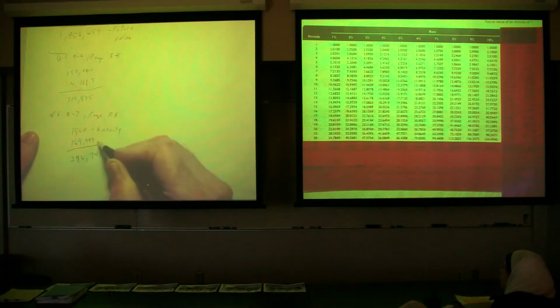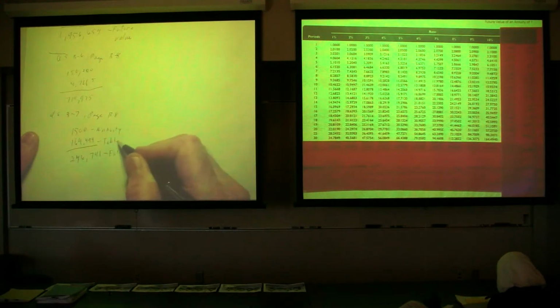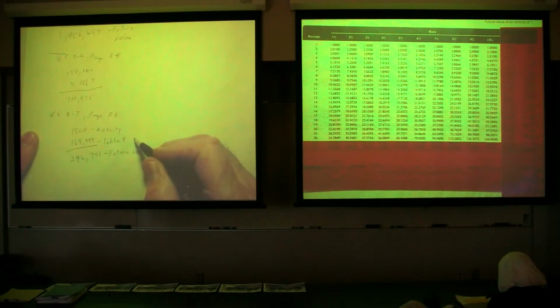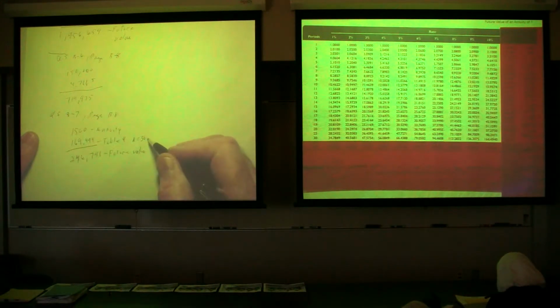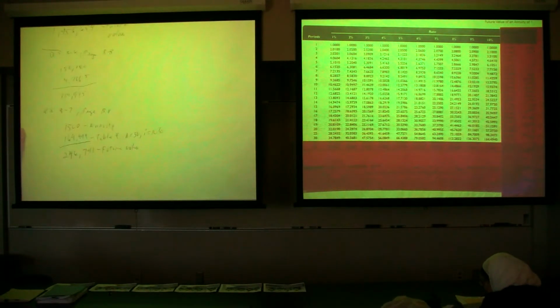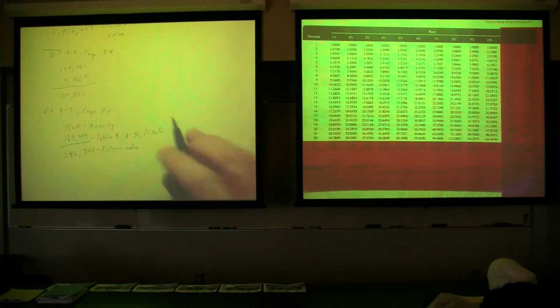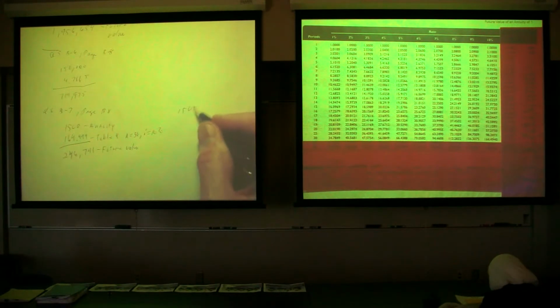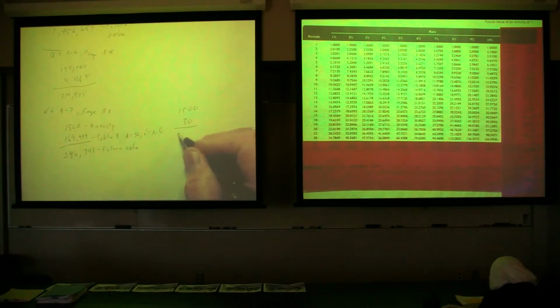Okay, and this is table 4. And it's an N of 30, and there's 30 compound periods, and an interest of 10%. Now, the interesting thing here is that she deposits $1,500 thirty times, so she'll actually deposit $45,000, right?